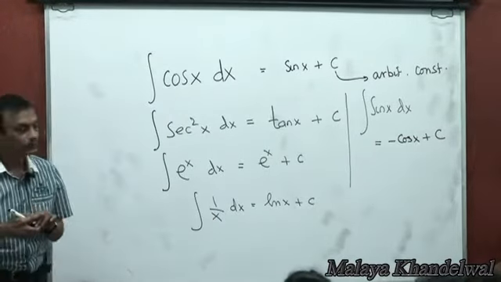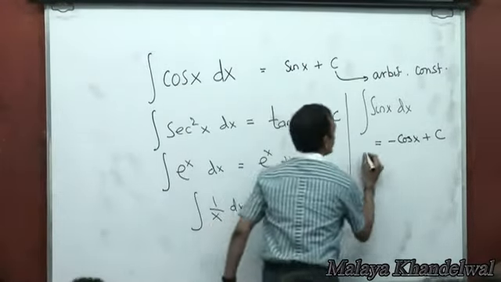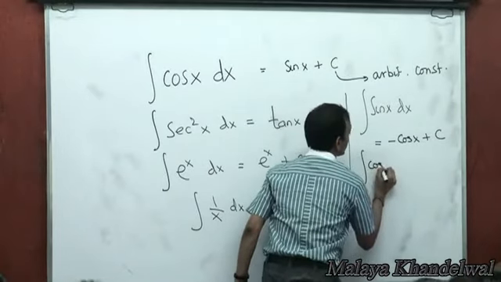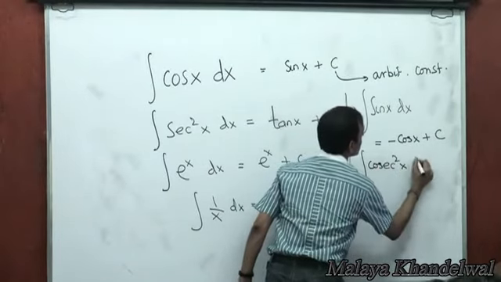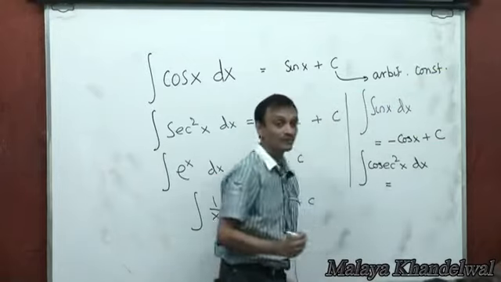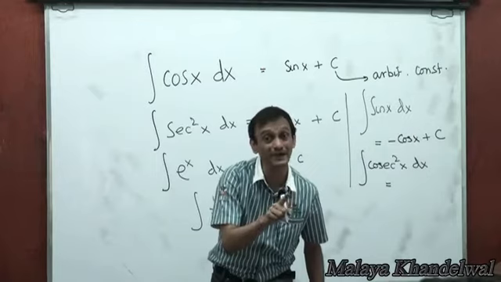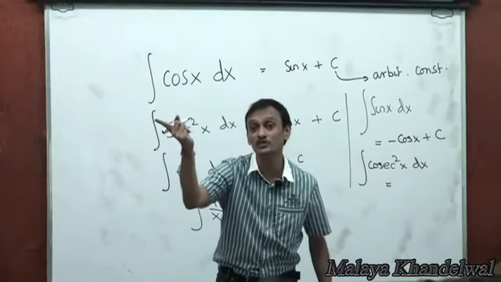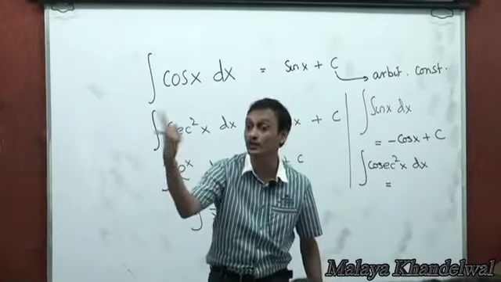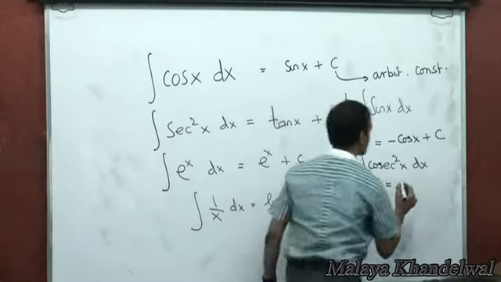Integral cosec squared x dx is minus cot x, because if you differentiate minus cot x, you get cosec squared x.